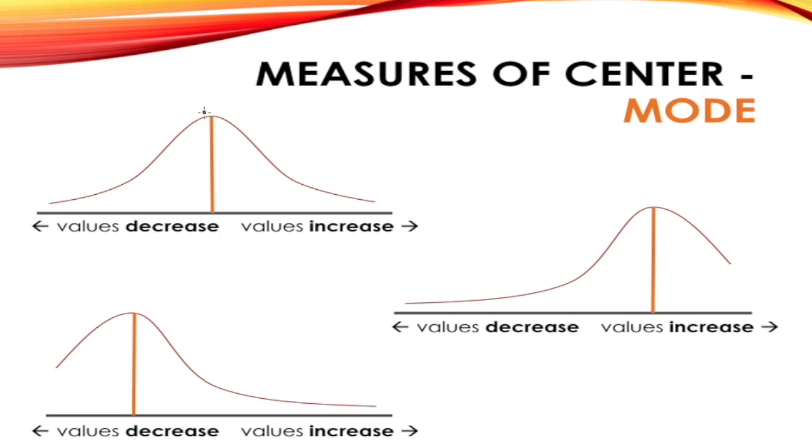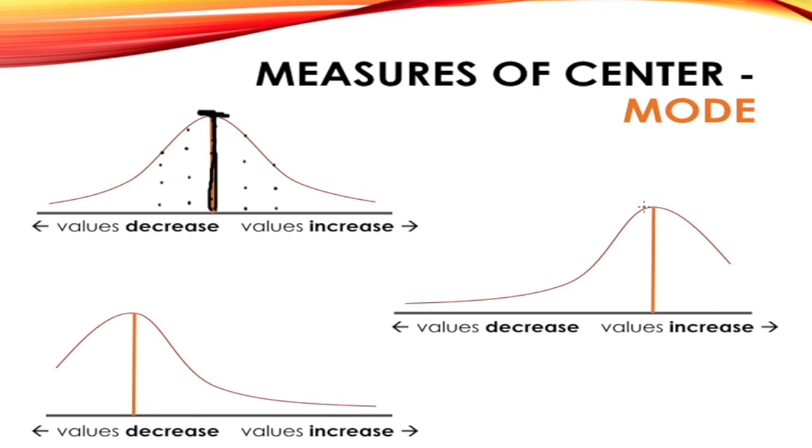Here, in this distribution, the mode would be the highest point. Notice that it is right in the middle where the hump is. That's because if you remember from 201, your dot plots, you'll have more dots here than anywhere else, making it your most often repeated value. So the mode would be right at the center where the peak is located.